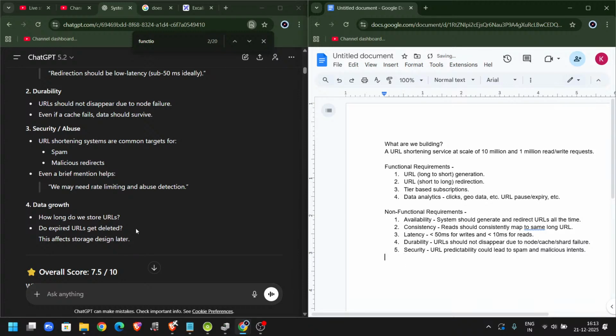Like main points काफ़ी हैं, right? So that's about non-functional requirements.